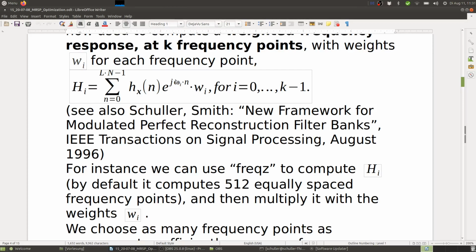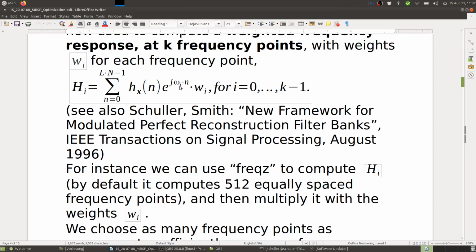So omega I are now our frequency points at which we evaluate our baseband prototype, and Wi are our weights. So basically this looks like the DFT, except that we also now have the weights, and basically we can freely choose the frequency sampling points here.